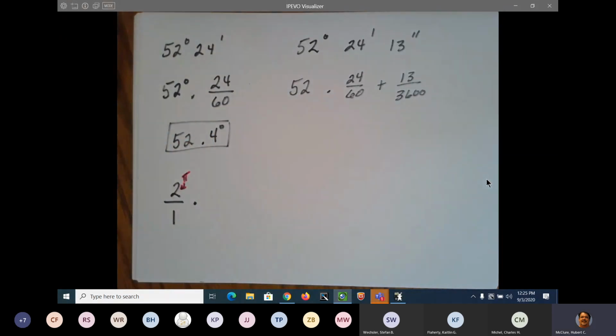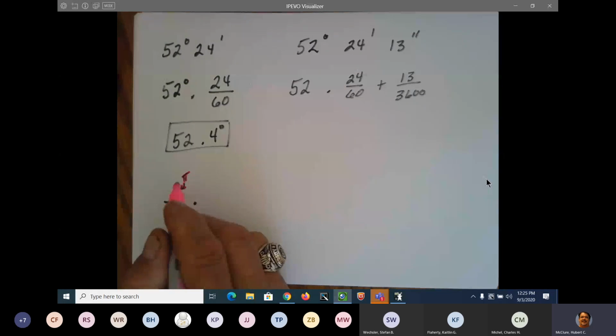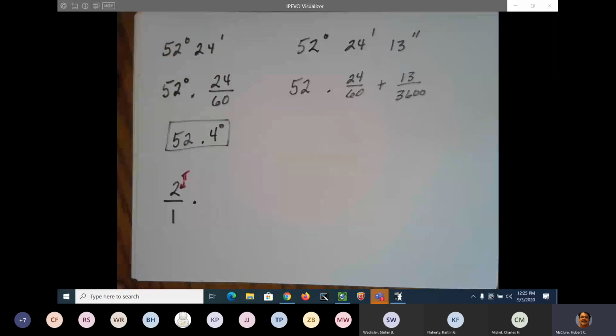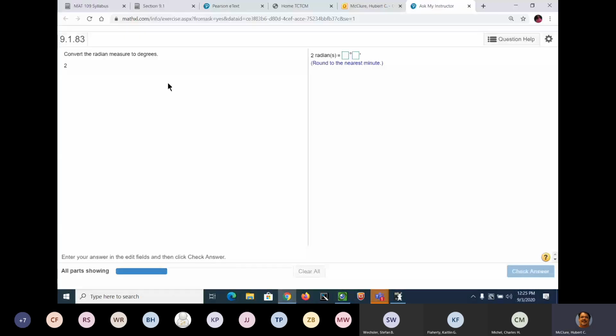You don't see pi, but to get that 2, because it said radians, 2 radians, that means pi is in that calculation. Does everybody understand that? Let me see a raise of hands if you understand what I'm talking about. Okay, good. In other words, when you see this problem, convert the radian, you might have a 2 here, which means 2 has a pi calculated in it, or you're going to have a pi beside it, like 4 pi or 2 pi or whatever.